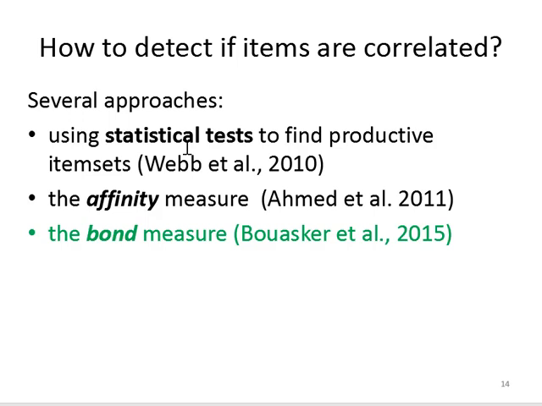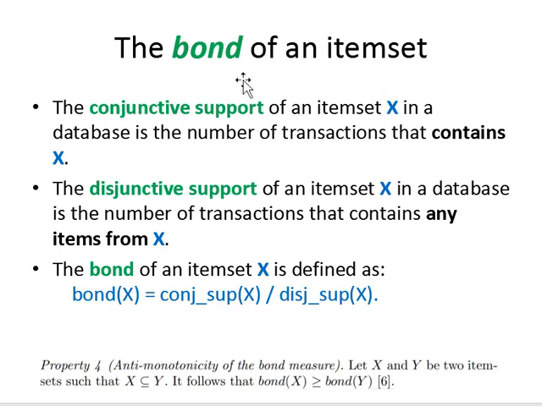It takes a lot of time to calculate. And there are some measures that are quite good and very easy to calculate, like the affinity or the bond measure. So in this paper we had to choose, and we decided to use the bond measure here.